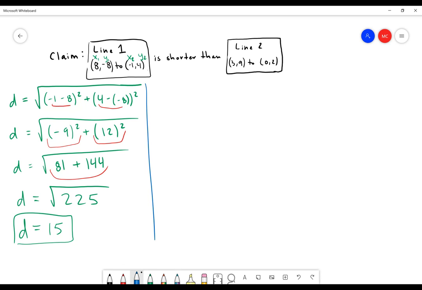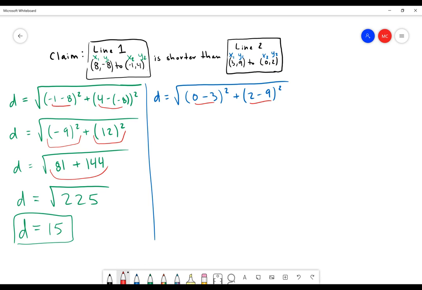Now I'm going to do the same method with line 2. I'm going to let x1 be 3 and y1 be 9, and I'll let x2 be 0 and y2 be equal to 2. When I plug this into the distance formula, I do x2 minus x1, which is 0 minus 3 squared, plus y2 minus y1, which is 2 minus 9 squared.